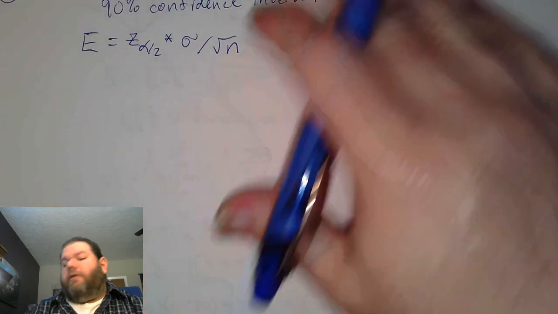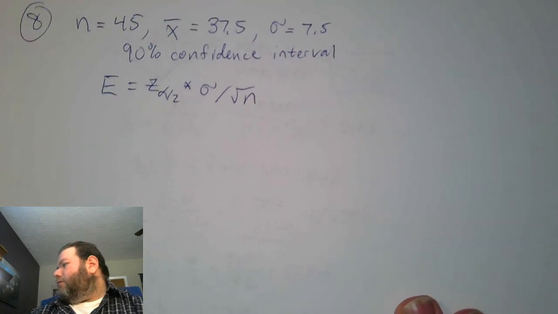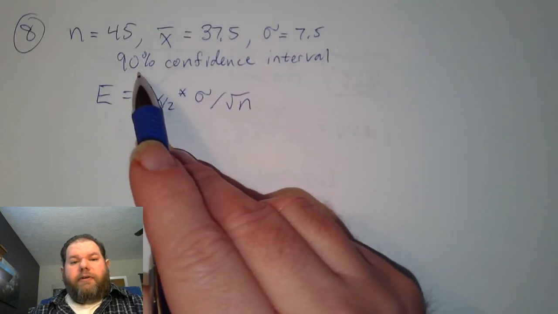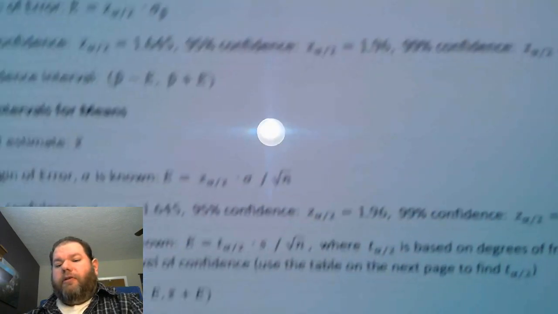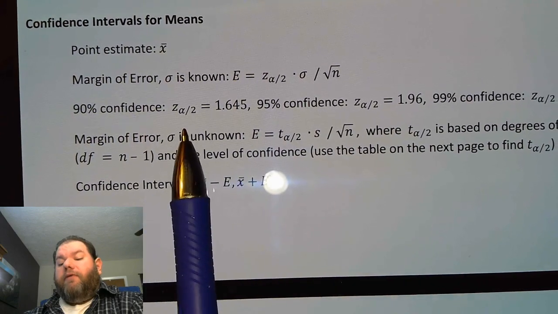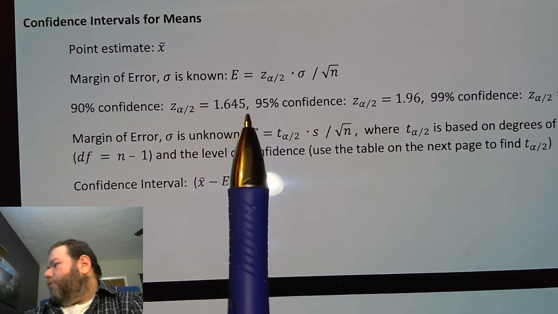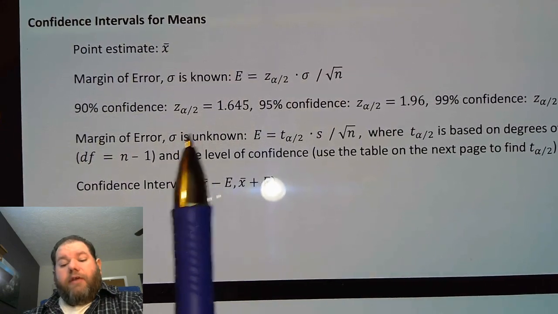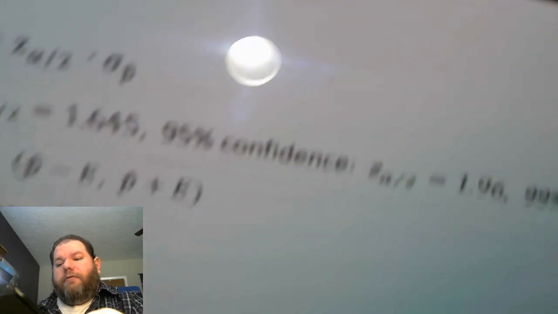Okay. Now, notice we are looking for a 90% confidence interval. For 90% confidence, z alpha over 2 is 1.645. Okay. So we'll use that value for z alpha over 2.